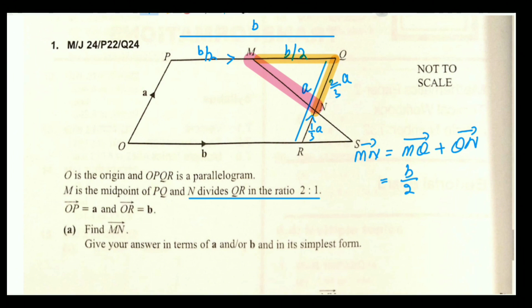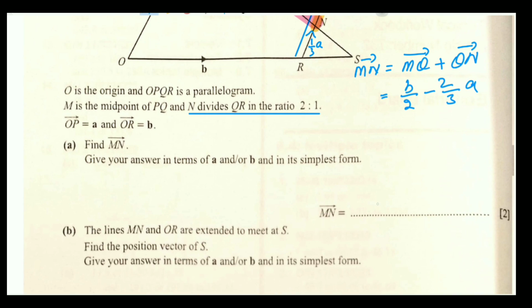And what about QN? QN arrow is in the opposite direction, and we have to go from Q to N, but the arrow is in the opposite direction. So it will be minus 2 by 3 A. So this will be our final answer. MN will be B over 2 minus 2 by 3 A.